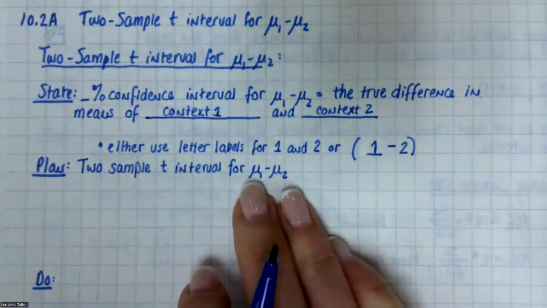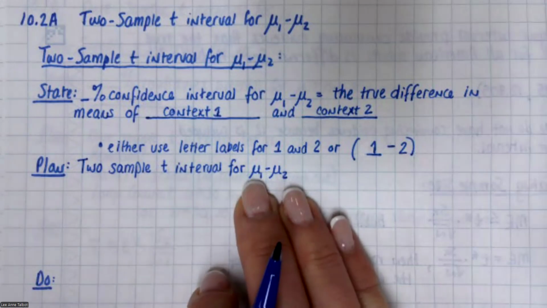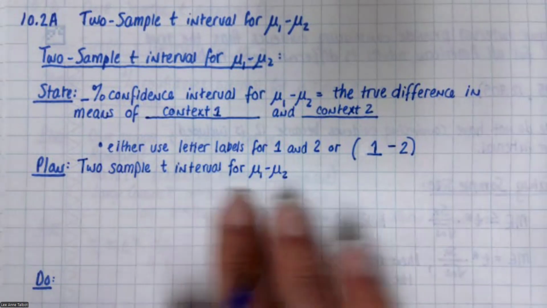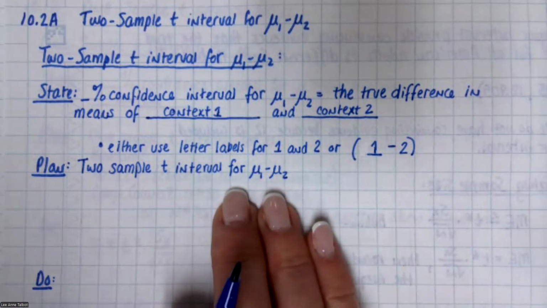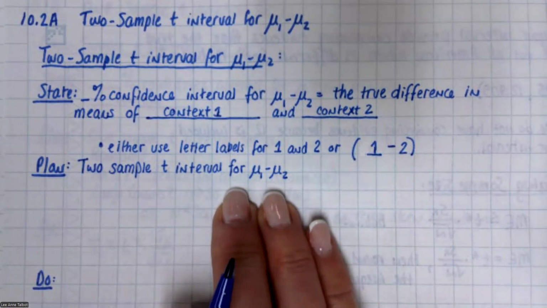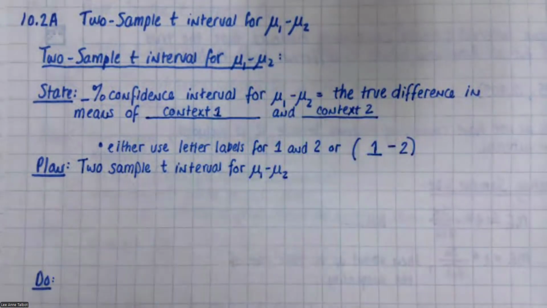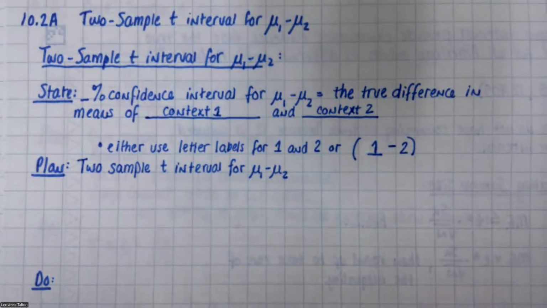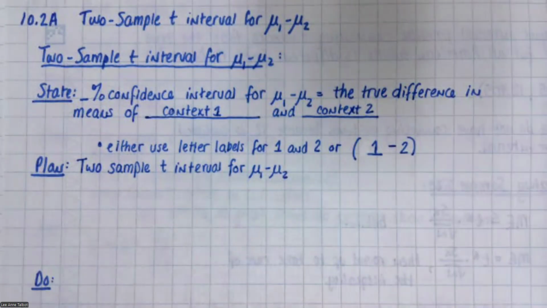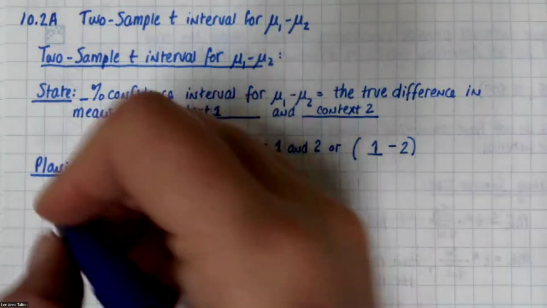And really quick, I leave these as numbers every time because this inference method is just a generic statement of the procedure I'm going to use. So these I leave as numbers, but I'll put the specific letters up in the problem because of context.